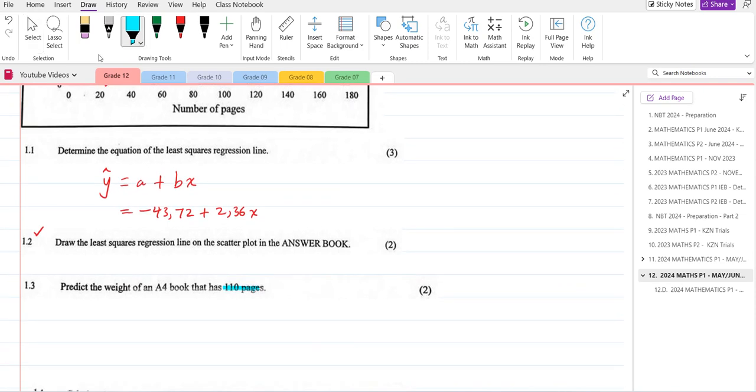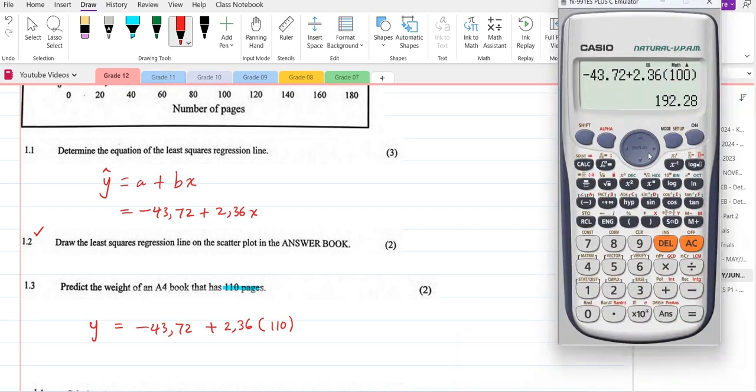We're going to put X inside the prediction line. So we're going to say Y is equal to negative 43,72 plus 2,36 times 110. Right? That's 110.